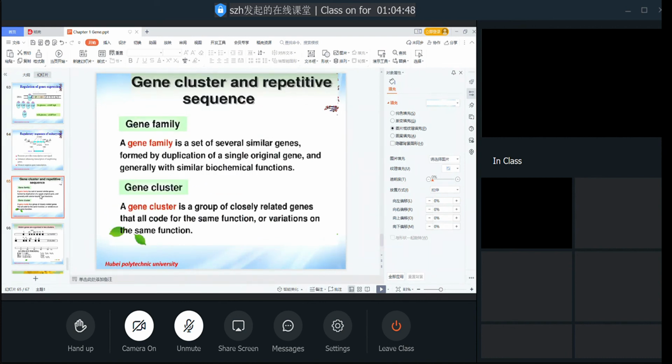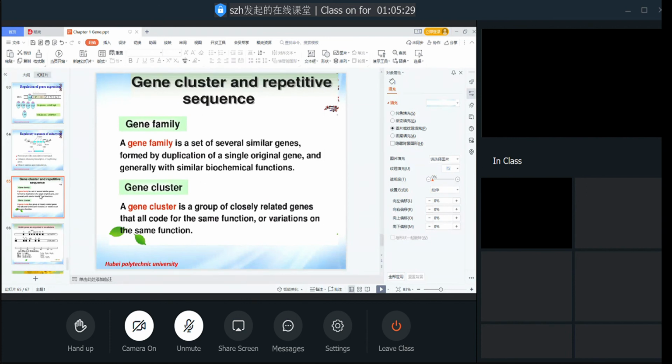And another thing, maybe in the future, in fact, all of you should understand that one is the gene family and another is the gene cluster. A gene family is a set of stable family genes formed by the duplication of a single original gene, with similar biochemical function.